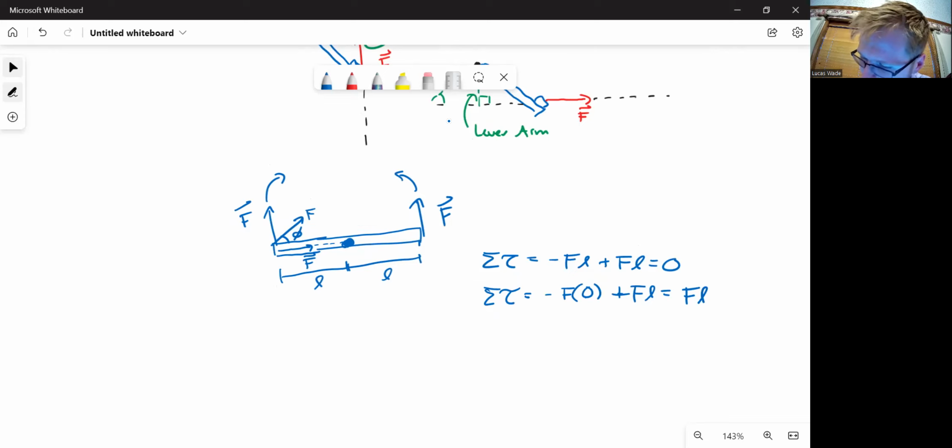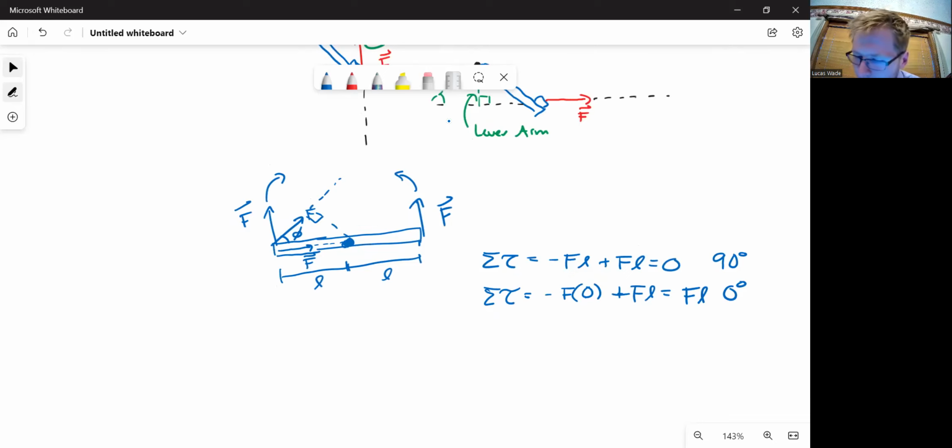Okay, so this is the 90-degree case. This is the 0-degree case. So the 45 is a little bit tougher just because we have to do our lever arm calculation.